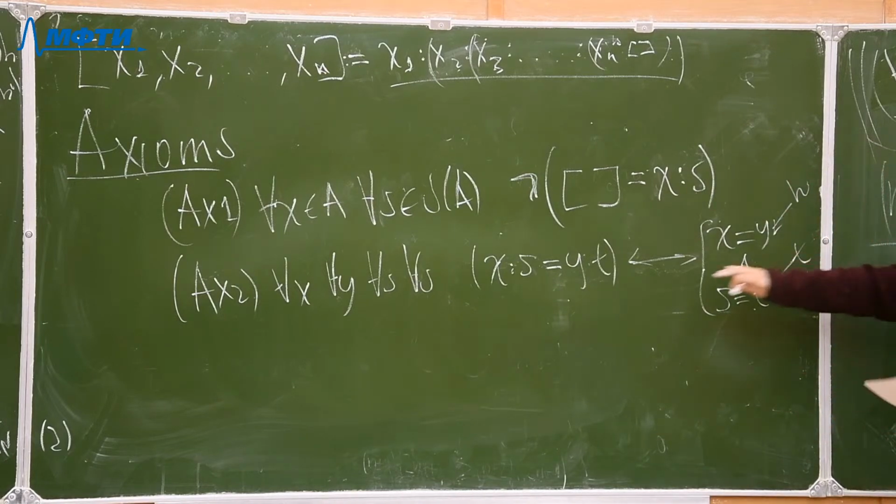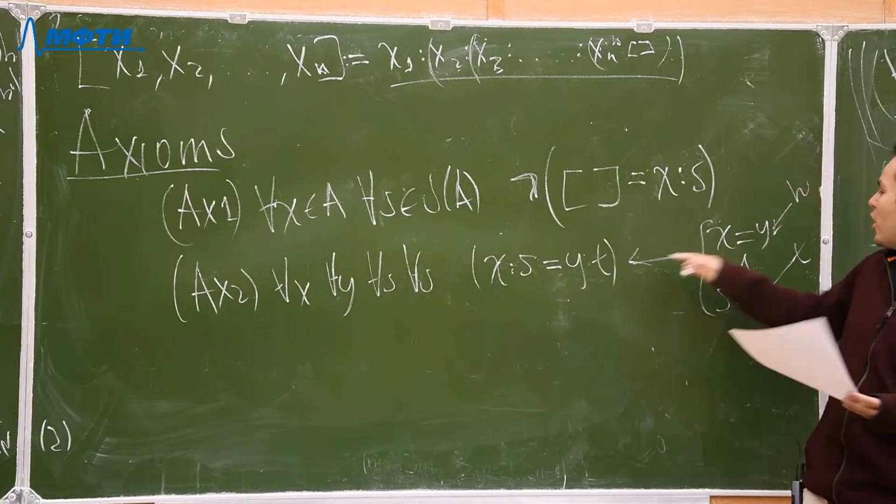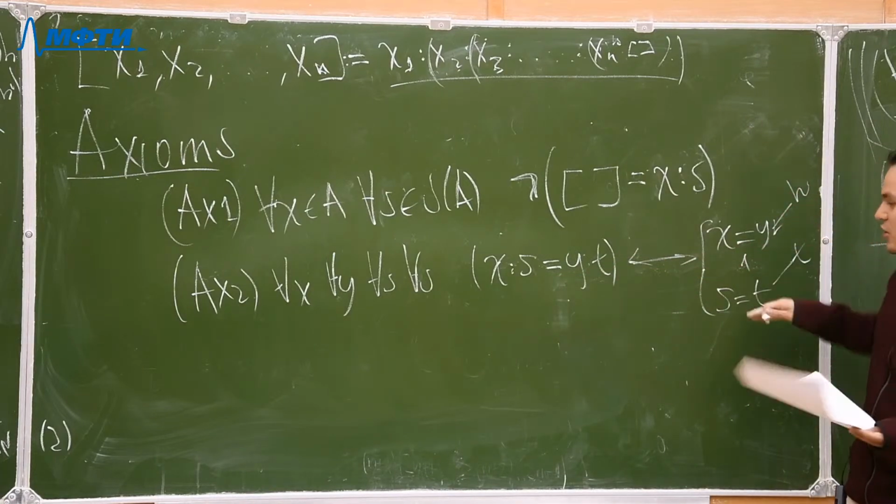Two strings are equal if and only if their heads and their tails are the same.